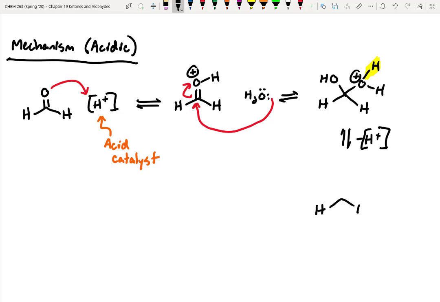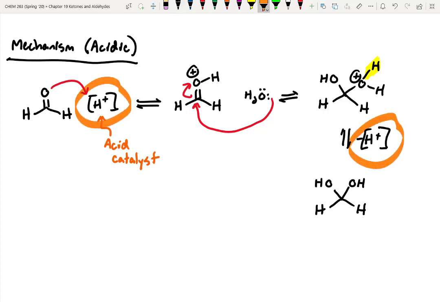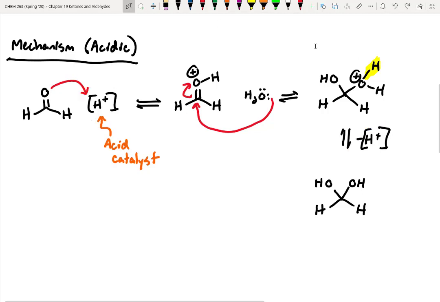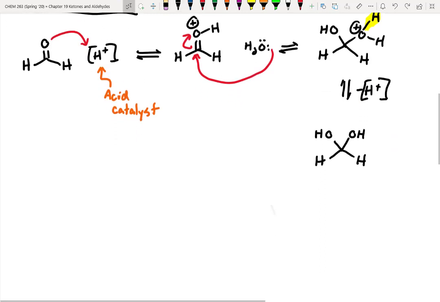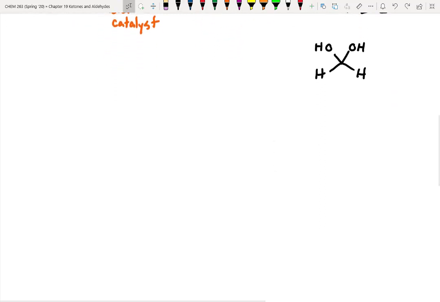So now we can show this forming our final product. But like I said, the acid that's put in is regenerated at the end, which makes it completely catalytic, which is kind of neat. All right, so let's jump into the basic mechanism next. And as you can imagine, the basic mechanism is going to be a little bit different.